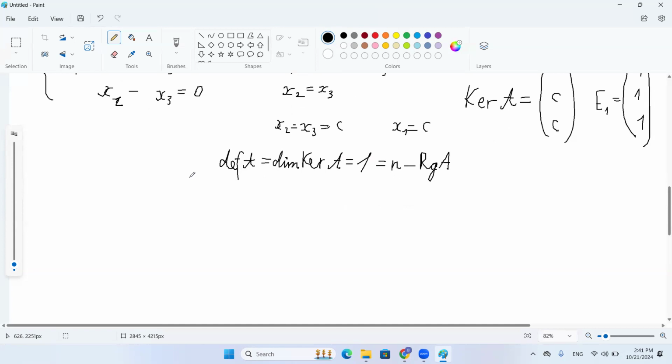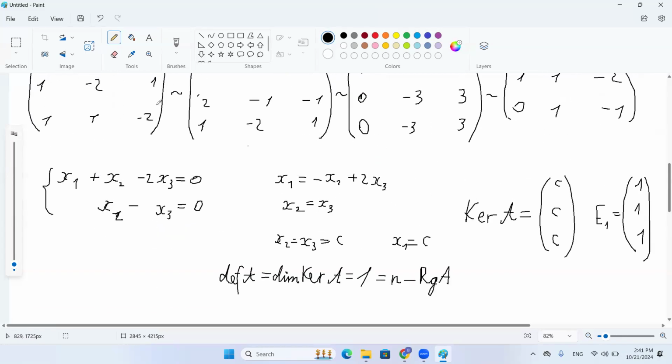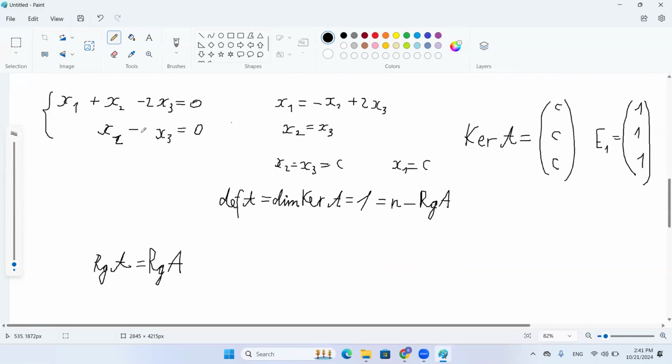It equals the rank of the matrix. So the rank of the linear operator basically equals the rank of the matrix A. So this A equals this A. The rank of the operator is equal to the rank of the matrix which sets this operator.